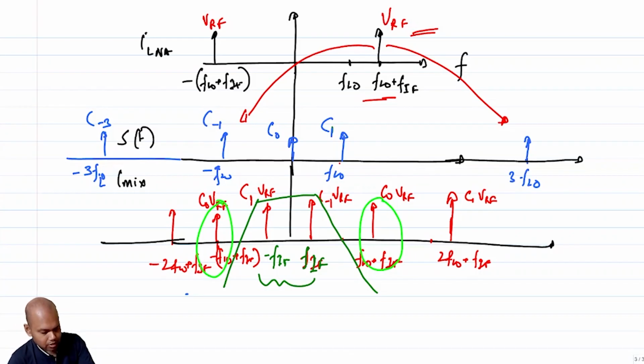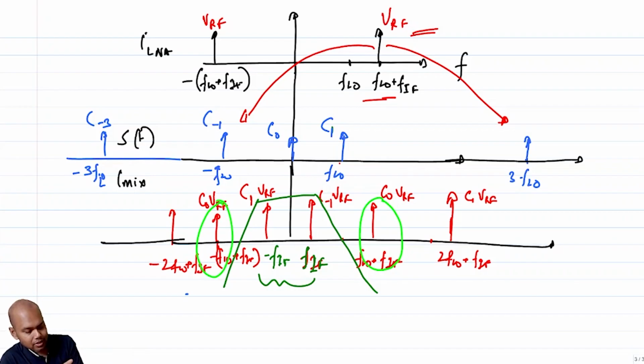So hence, if you make a mixer which simply multiplies the input with s of t, granted you are going to get your FIF, but you are also going to get a strong presence around FLO plus FIF also, right?